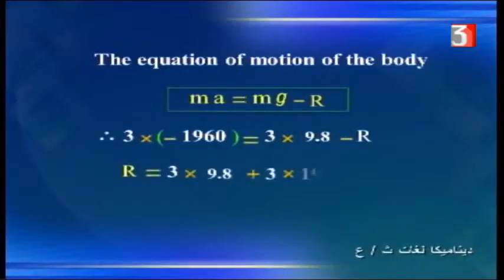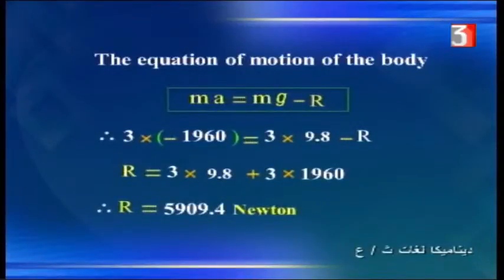Then the resistance r equals 3 multiply 9.8 plus 3 multiply 1960. Then r equals 5909.4 Newton. This is the resistance of the sand to the body in Newton unit.